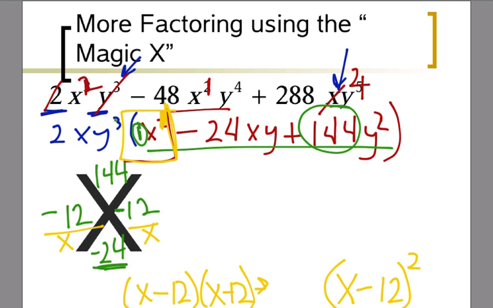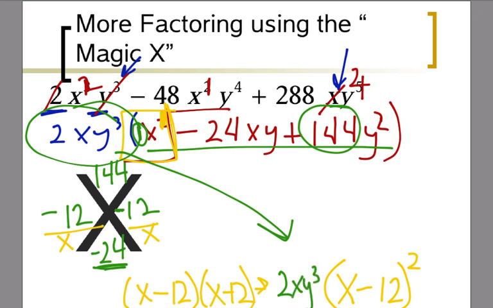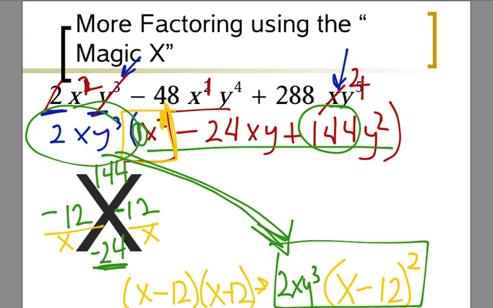And then I want to make sure that I do bring down my 2xy to the third as part of my final answer. So the answer from the magic x was the x minus 12 squared, and then I do want the 2xy to the third to be part of my final solution. Okay, so a little bit harder, GCF inclusion in the magic x here, but it all works out okay at the end.